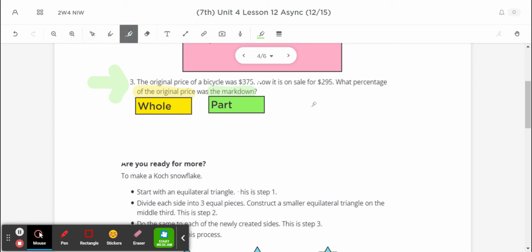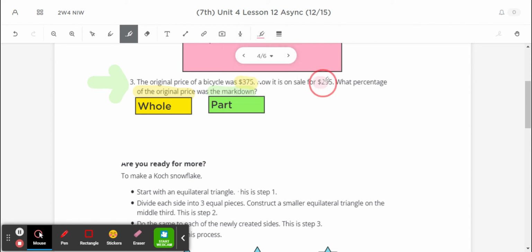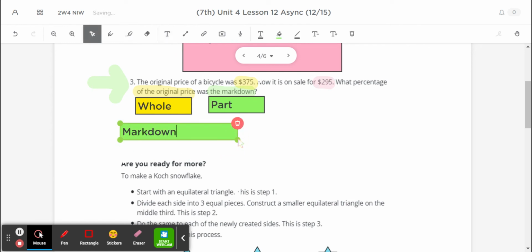I can see in the question that the markdown is going to be the difference between the original price and the sale. The original price is $375, and now it's on sale for $295. That word markdown means how much the price decreased.